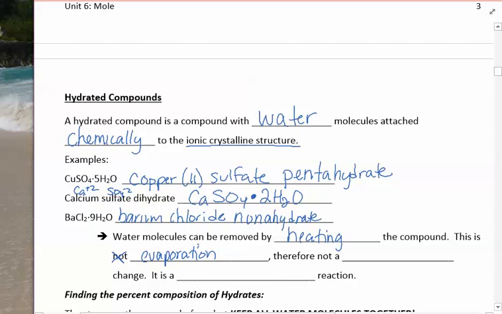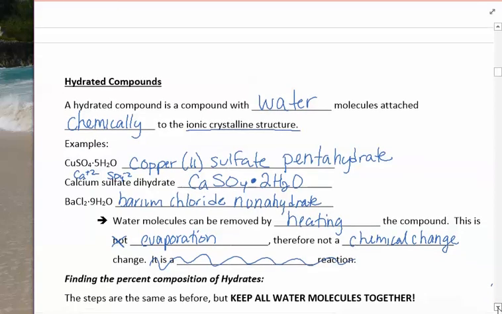Therefore, it is not a chemical change. This is a physical change. Because the water molecules are there, they can be removed by heating. You're not changing the chemical nature of the substance. And we're just going to leave off the last part there.